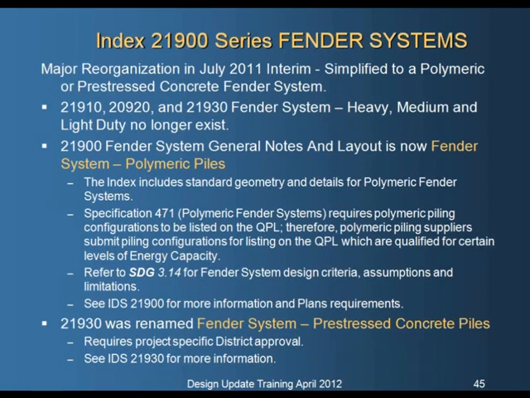Okay, moving on to the fender systems, where there was a major reorganization last year in July, where we simplified this to 2 indexes. We eliminated the heavy, medium, and light duty designations, and so now we just have 2900, which is the polymeric piling fender system, essentially plastic piling, and then we also have the pre-stressed concrete pile fender system, which is under 2930, which was essentially the same details as the light duty.